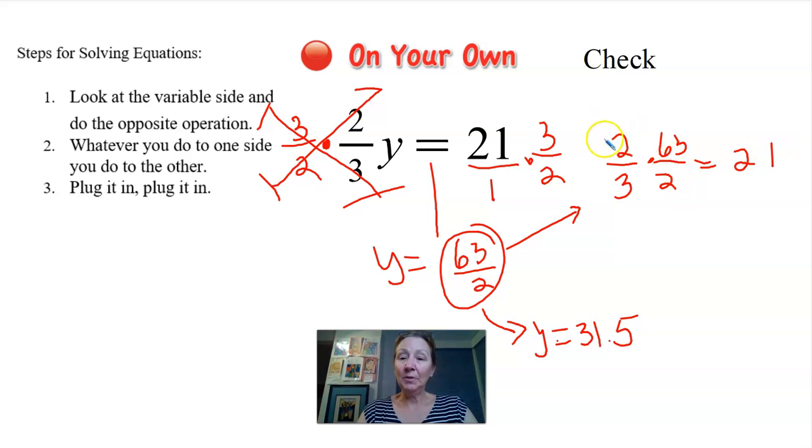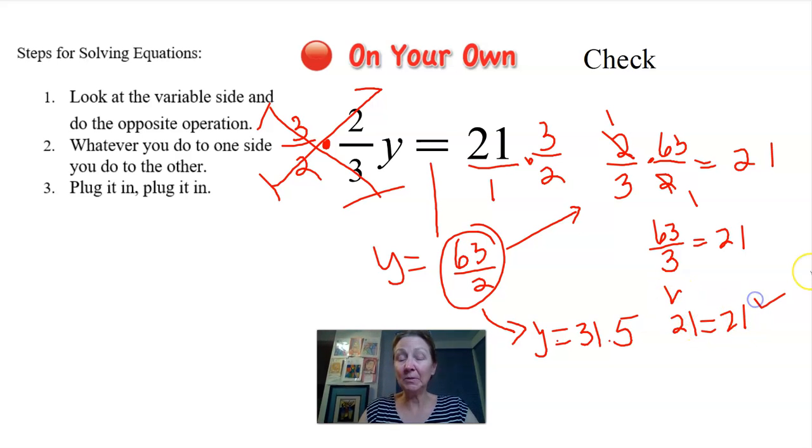The 2 and the 2 cancel out, and then I could just multiply across and say this is 63 over 3, right? 1 times 63 and 3 times 1, and then I could use a calculator and check it. I know 3 goes into 63 21 times. 21 equals 21. Wahoo!